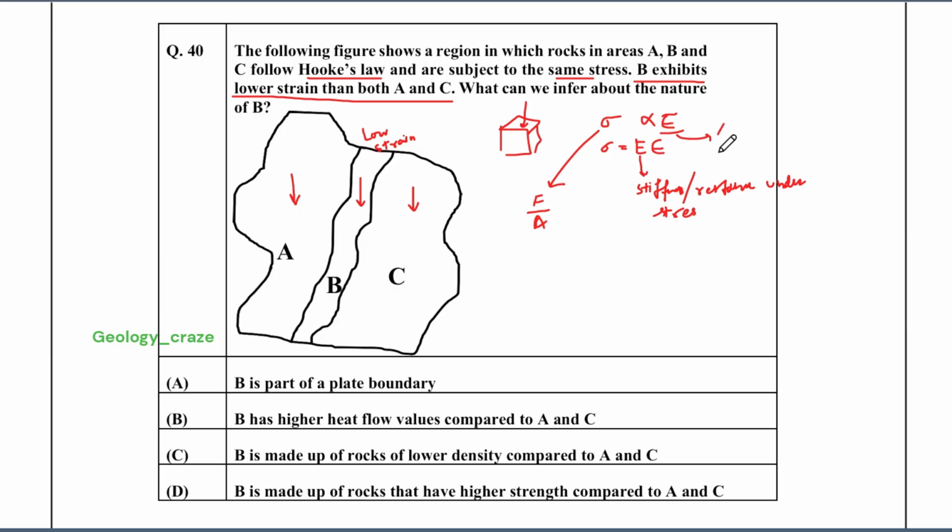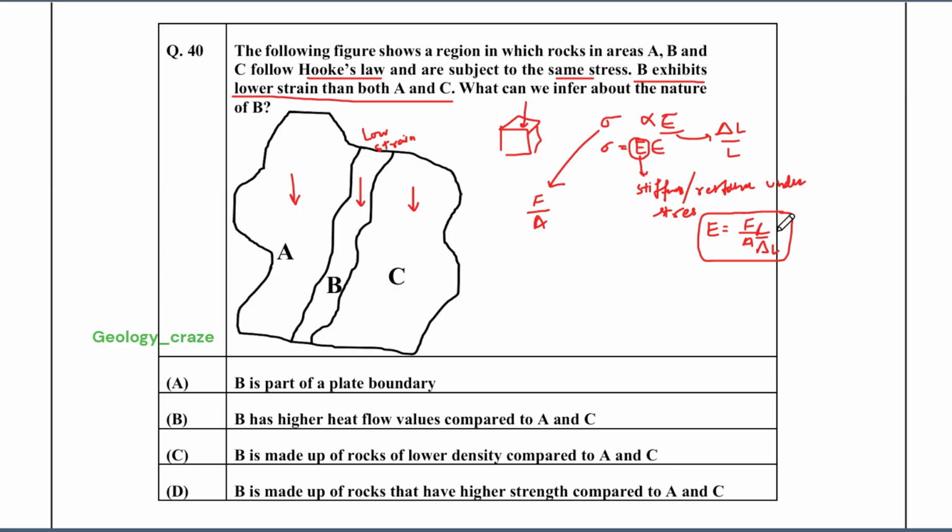Suppose this is the change in length of this block. So strain is change in length upon total length. Now if we want to calculate the Young modulus E, E will come as F upon A, divided by del L by L. This is our Young modulus.